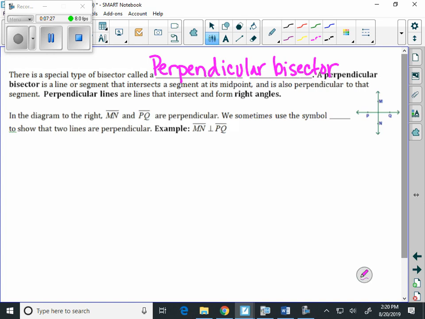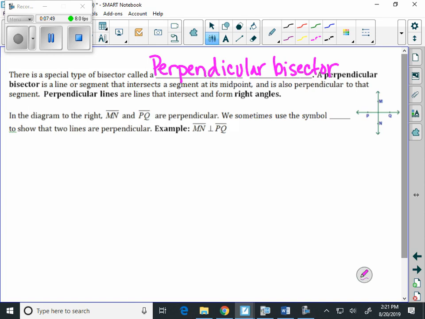Don't ask me why. Perpendicular bisector: it's a line or a segment that intersects the segment at its midpoint and is also perpendicular to that segment. Perpendicular lines are lines that intersect and form right angles.